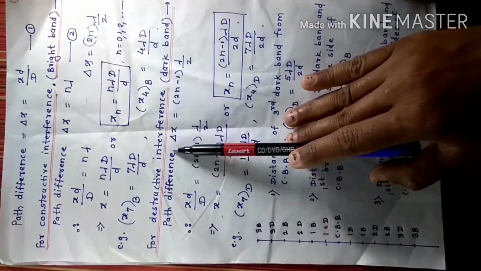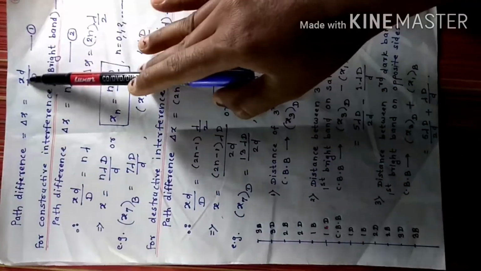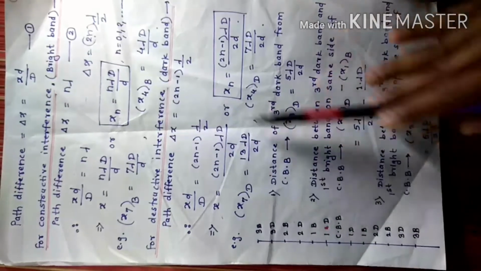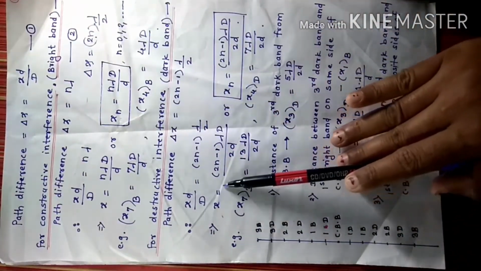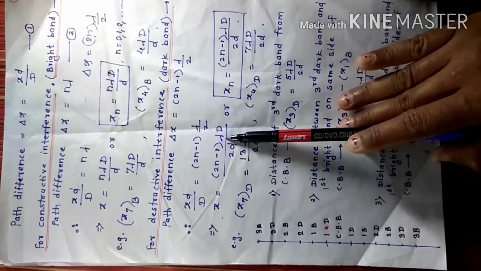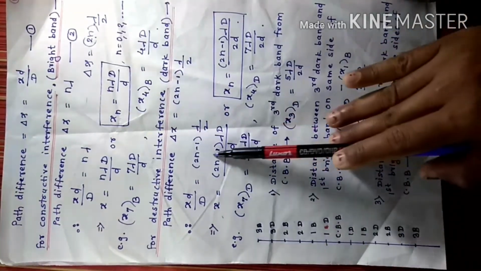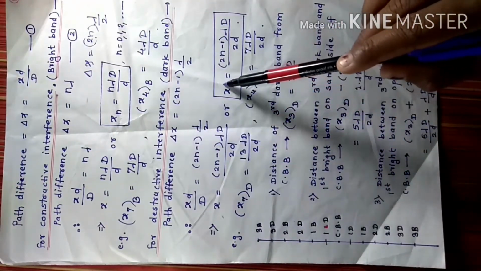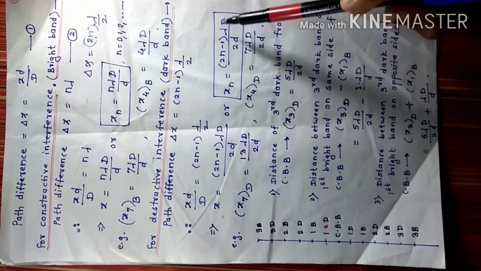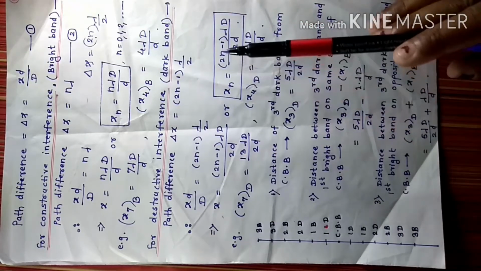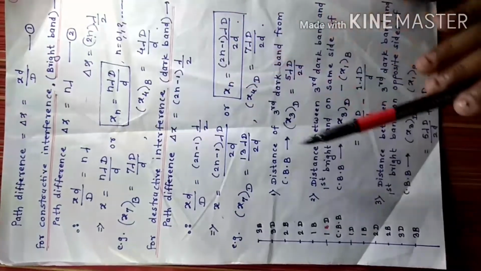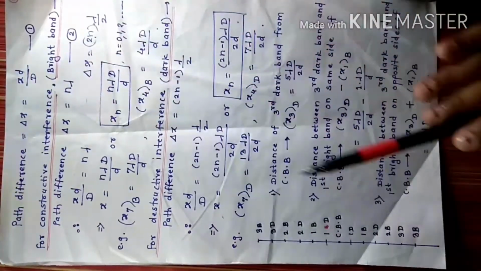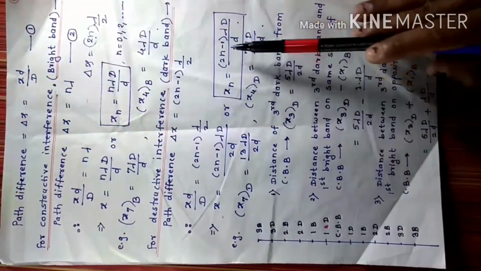After equating this condition with the standard equation xd upon capital D equals twice n minus 1 lambda by 2 and solving, we get x equals twice n minus 1 lambda capital D upon 2d, where again n is the band number or fringe number. So xn equals twice n minus 1 lambda capital D upon 2d. You should learn these two conditions by heart, and note that one is for the bright band and the other is for the dark band.